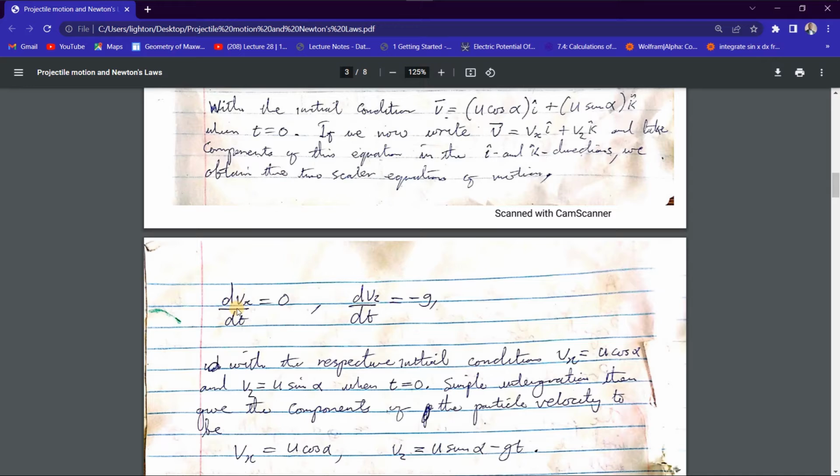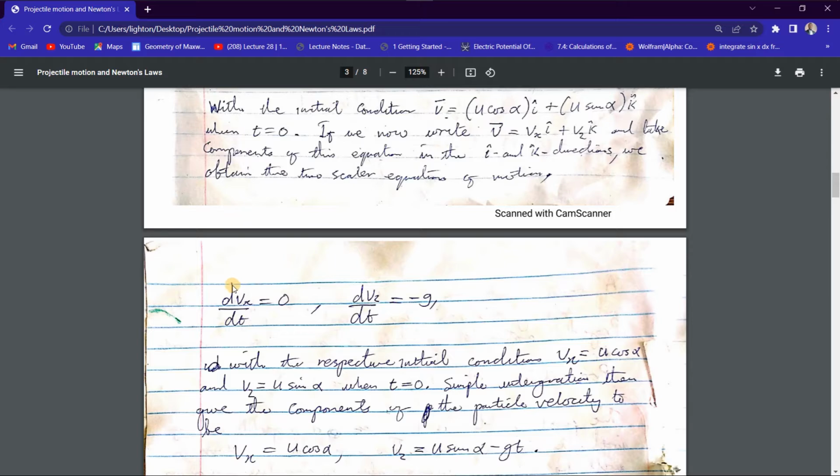So what is dv over dt? This is just acceleration in the x direction, the x component of acceleration. So it's just dvx over dt, which is acceleration, which you know.